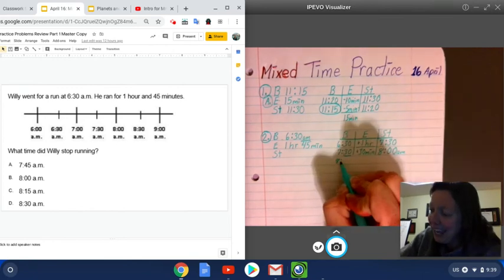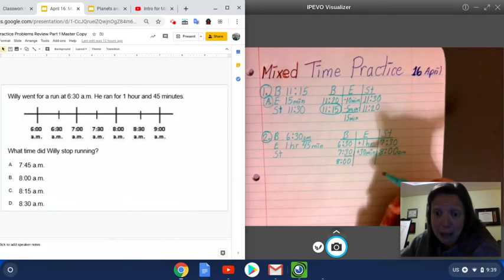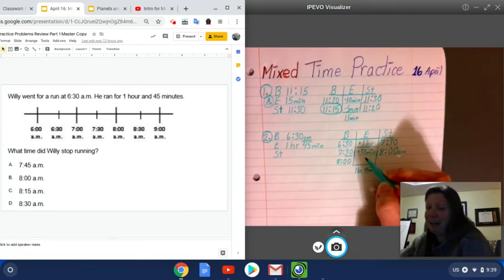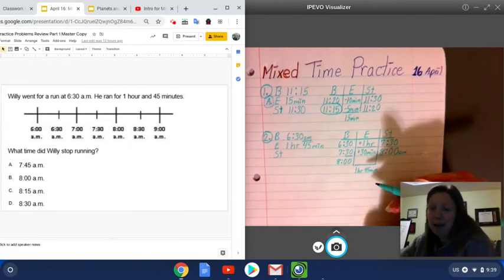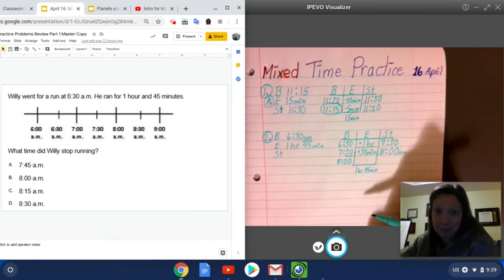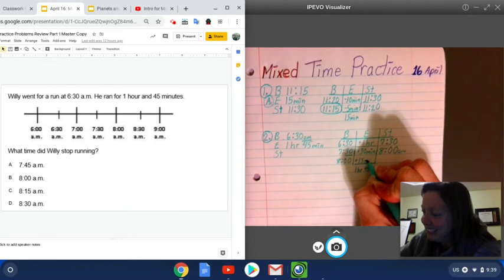So if I'm at 8, remember, my elapsed time, when I add them all up, should equal 1 hour and 45 minutes. And so far, I have 1 hour and 30 minutes. How many more minutes should I add to get to my elapsed time? Great job. 15 minutes.